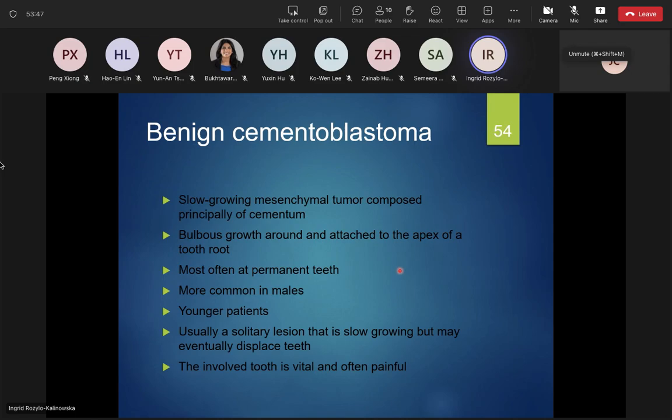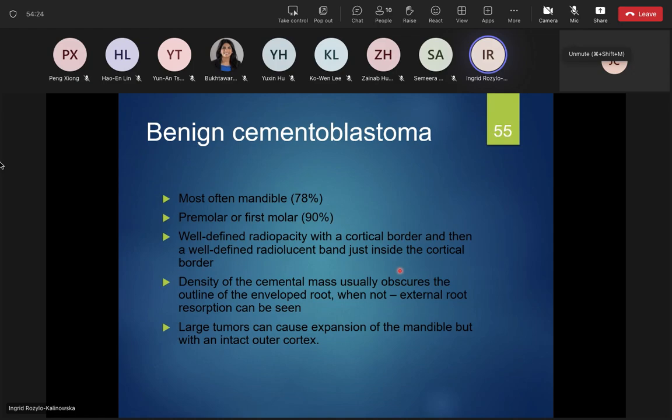And what makes this tumor different from others is that the tooth usually produces pain. So the patients are symptomatic, and if a tumor is not correctly diagnosed, then the teeth will be treated by endo, and it will not help the patient to resolve the problem, because the tumor will just keep on growing. And they are found more commonly in the mandible than in the maxilla.